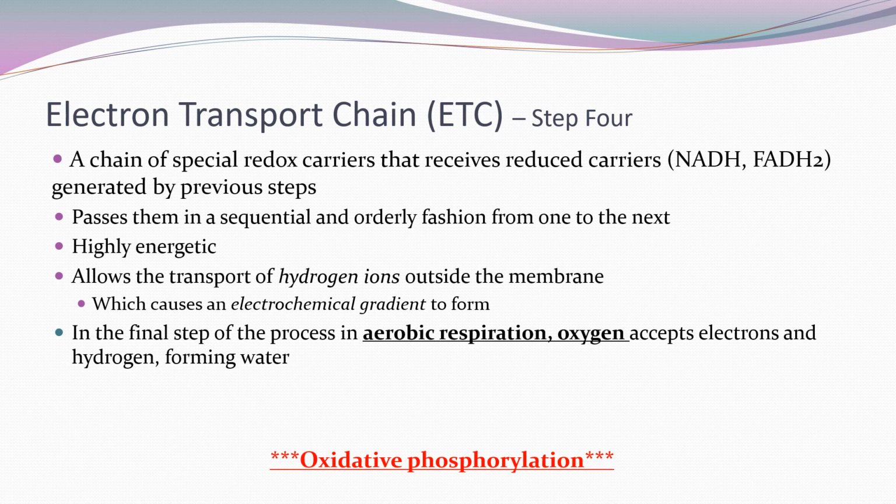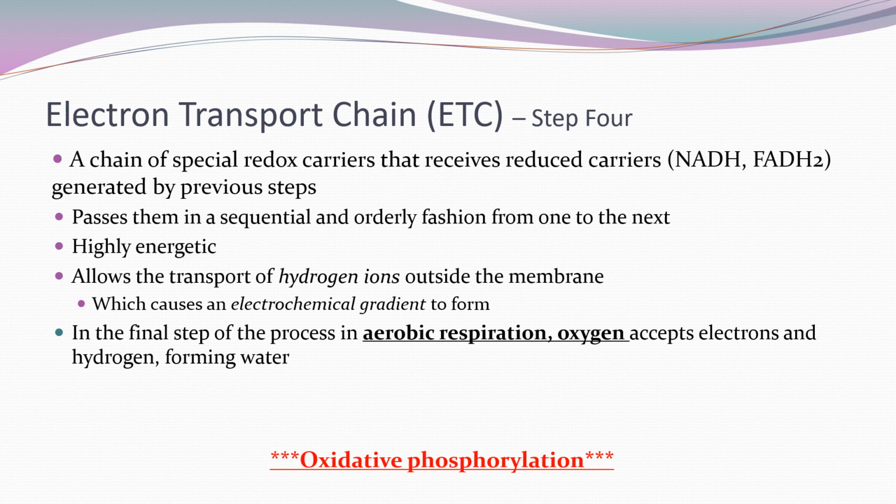The molecule for aerobic respiration that catches that electron, known as the final electron acceptor, is going to be oxygen. In aerobic respiration, that final electron acceptor is going to be oxygen forever and always. What this is going to produce is water.